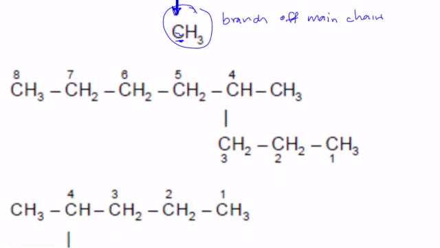For the next one, if you were to count left to right, this would be 1, 2, 3, 4, 5, 6. But if you consider 1, 2, 3, 4, 5, 6, 7, 8, well, now you have a longer possibility. You can still have 8 carbons this way. And what this leaves is this is a branch off the main chain.